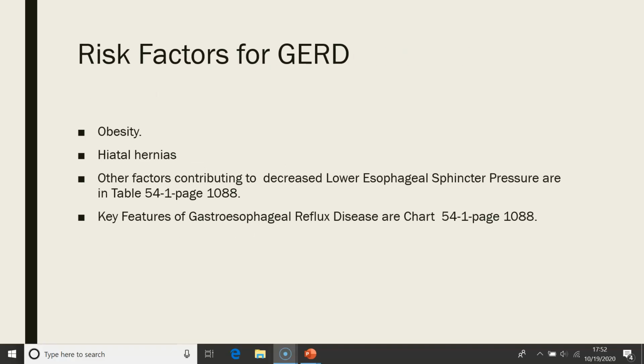So, what puts us at risk for GERD? Obesity is one of the biggest, because the increased weight increases the intra-abdominal pressure, which contributes to reflux of the stomach contents into the esophagus.